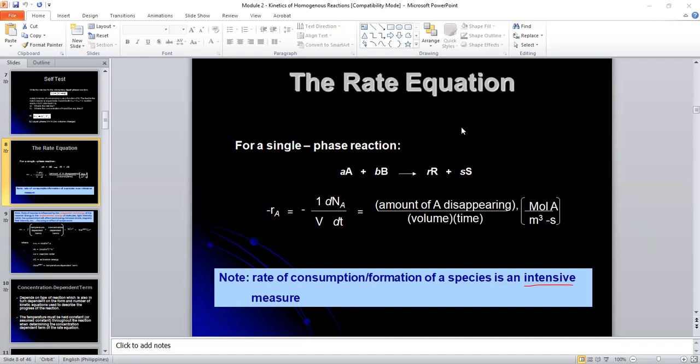Rate being an intensive measure means whether we measure the rate based on a gallon of our system or on just a liter of that system, the same rate will be measured because it's not dependent on the amount of substance or material. It's not dependent on the amount of the system in the case of kinetics that we have. So it's intensive. That's very good, Via.